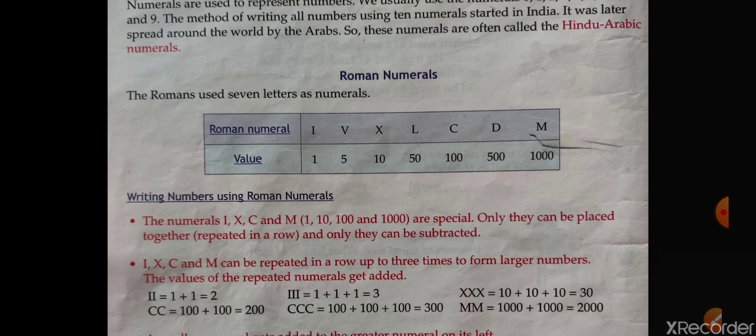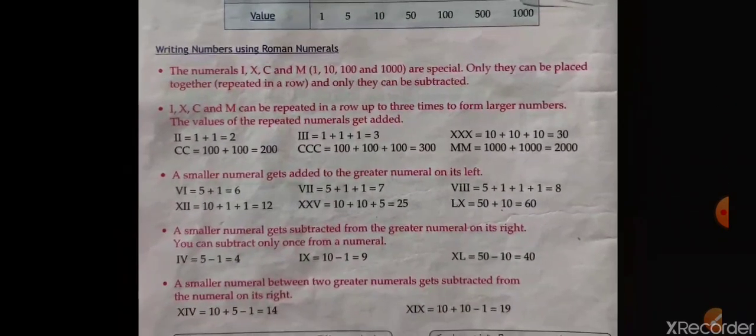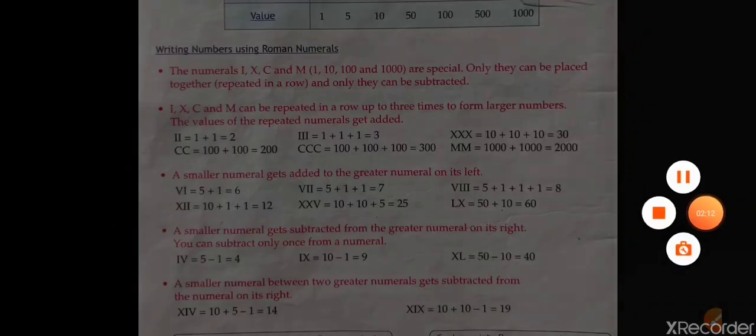All right, so only seven alphabets were used, and they had some fixed numbers. Now on the same page, they have given 5 rules that they used to make new numbers. Let's study these 5 rules.